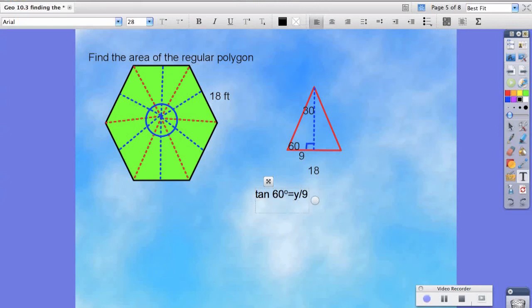So we're going to multiply by 9 to both sides, and you will get y equals 9 times tan 60 degrees. And your answer will turn out to be y equals 15.588. So that would be your apothem.